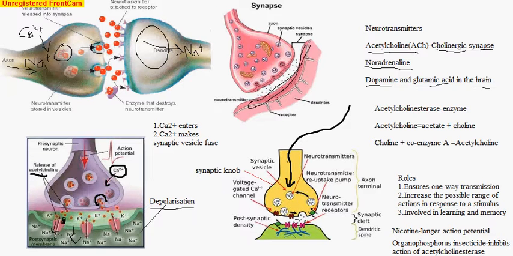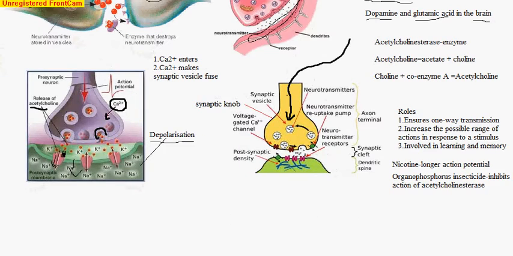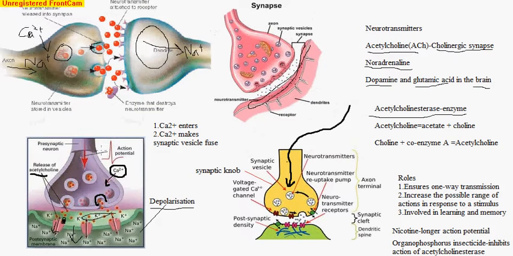what happens to the neurotransmitters then. So you should know that the neurotransmitter goes in this side, but then there is this acetylcholinesterase enzyme in this region over here, okay, which sort of changes acetylcholine into acetate and choline.